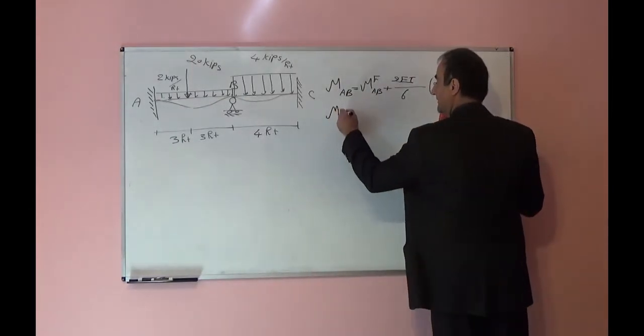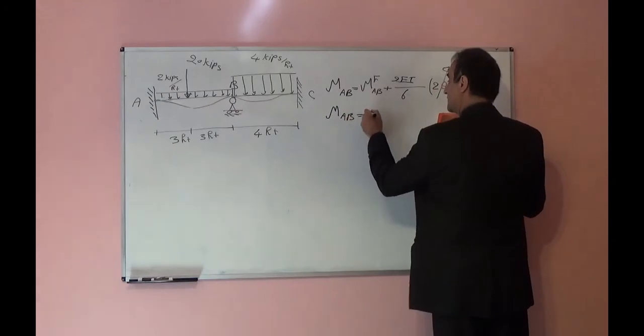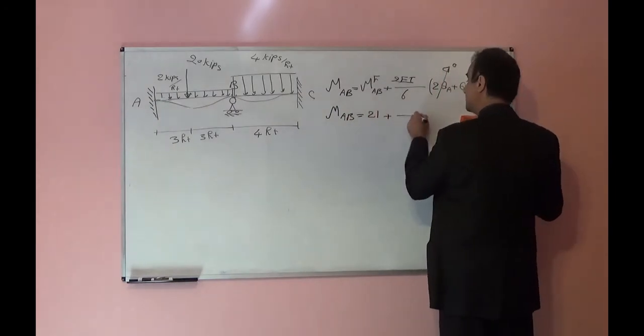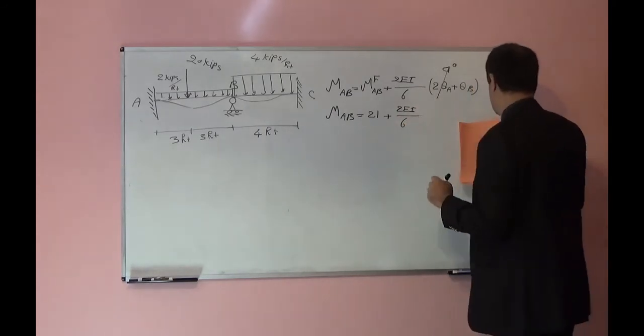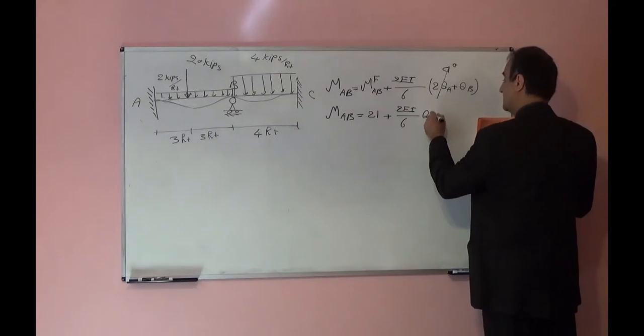So MAB will be equal to 21 plus 2EI over 6 times theta B.